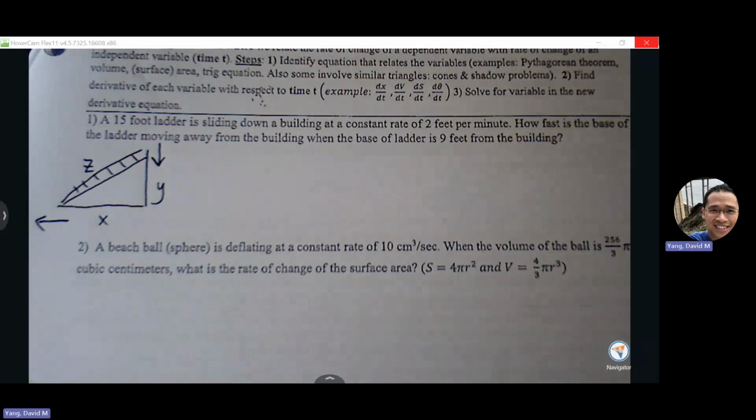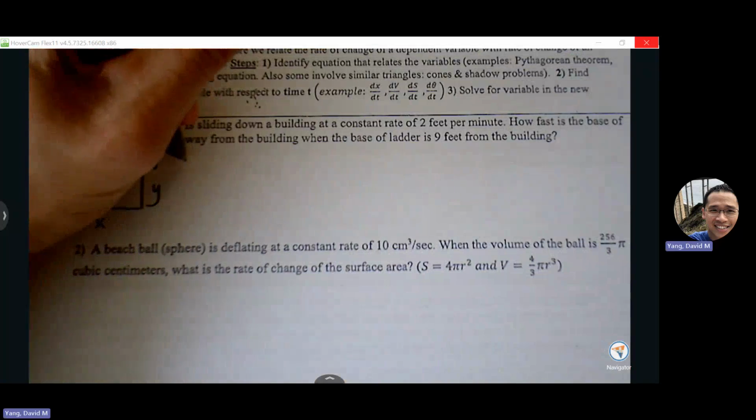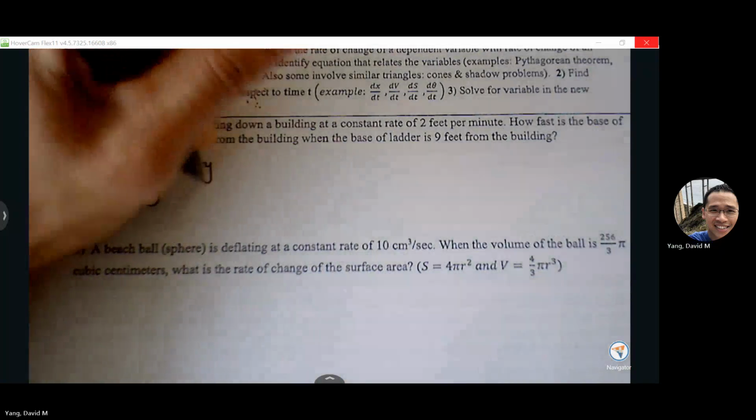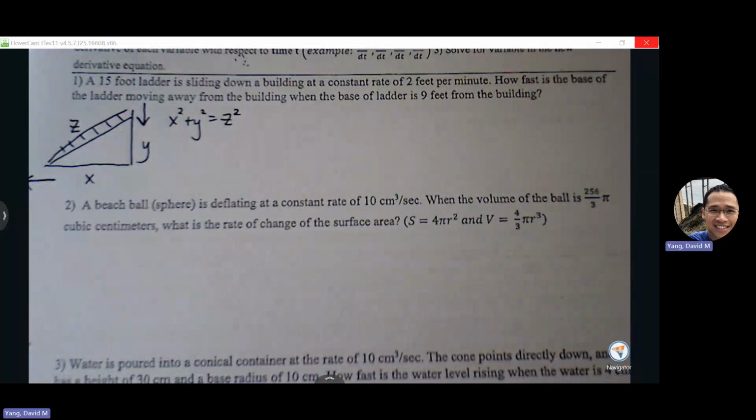Okay, so we start off with a squared plus b squared equals c squared. Every variable is going to get touched by or impacted by time. So let's go ahead and find the derivative. And as soon as we find the derivative, we're going to attach a d over dt for that variable. Okay, so x squared becomes what?